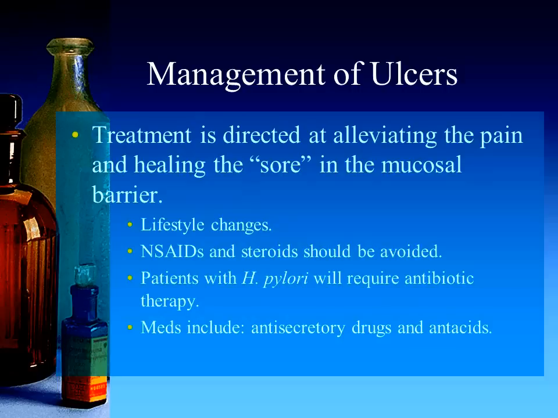So usually there are at least 2 antibiotics prescribed to make sure that the H. pylori is completely eradicated. And then finally we will throw in some medications such as our anti-secretory drugs and our antacids. We will go into those particular medications in more depth later on in this lecture.